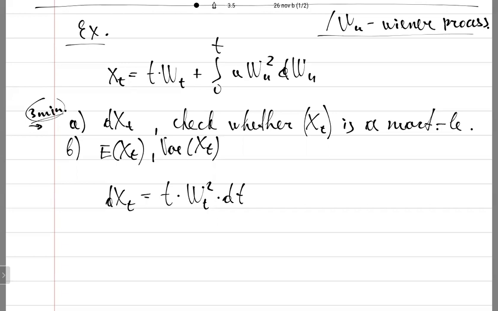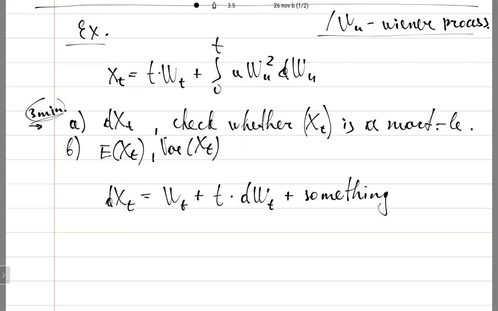Another answer: just W_t dt plus t multiplied with the W_t, plus something. Like this? Not quite so. Okay, let's.